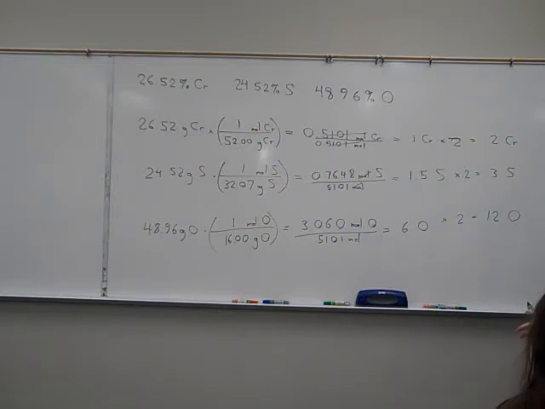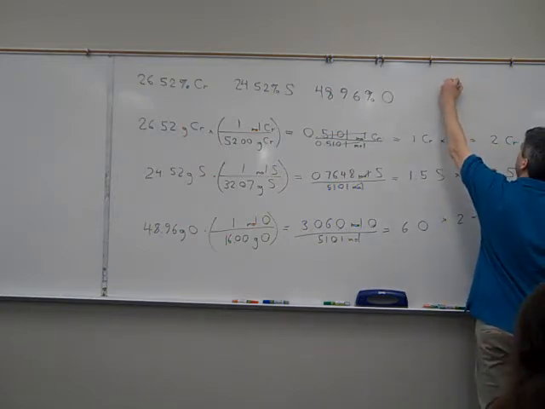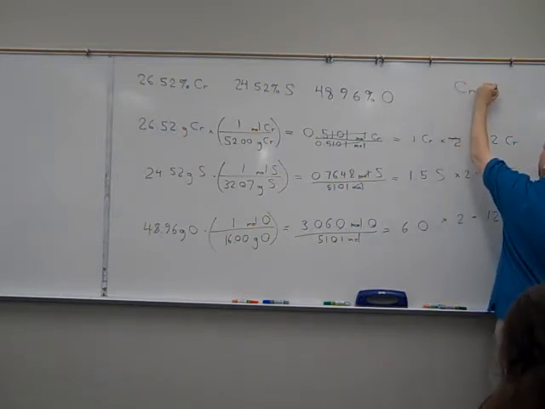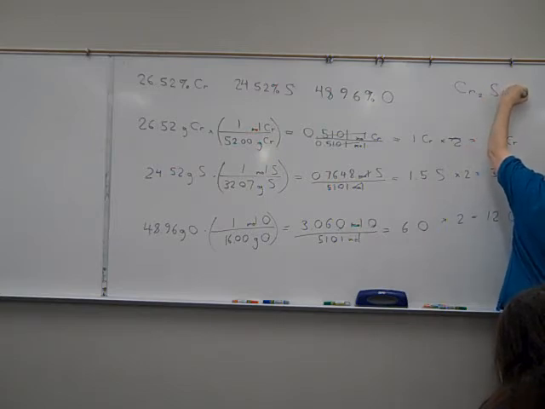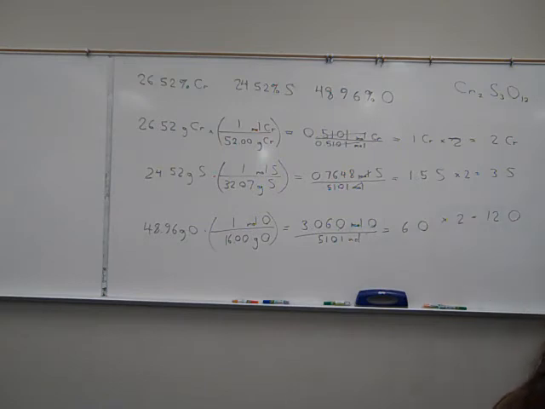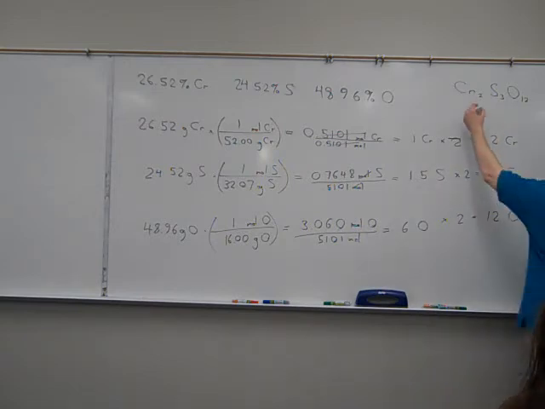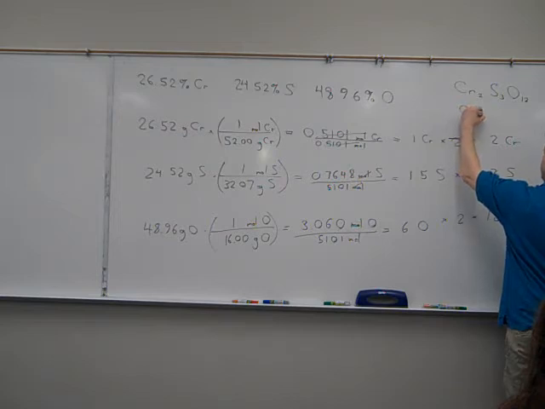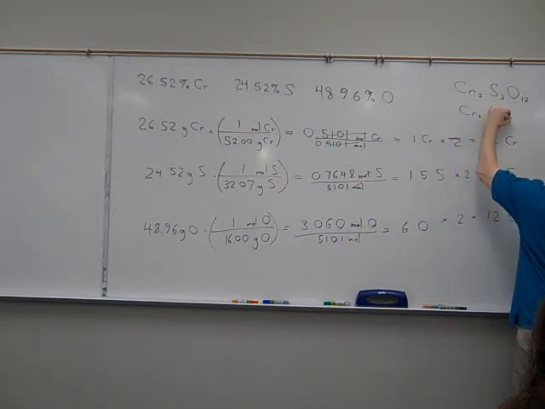So if I write this formula out, then it's going to be chromium Cr2S3O12. Which, if I know my polyatomic ions, I might be able to surmise that this is really chromium sulfate.